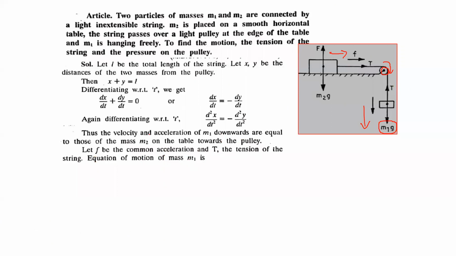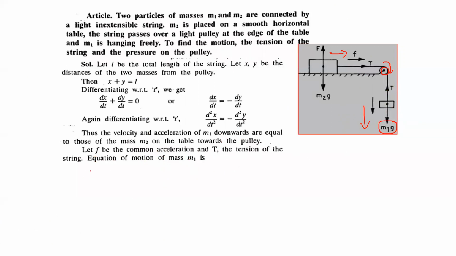Now firstly taking the equation of the mass m1. The forces effective on it are the weight m1g, which acts vertically downwards, and the tension T in the opposite direction. Because this mass is moving downwards, the direction of its motion is downwards, so this direction should be taken as positive.